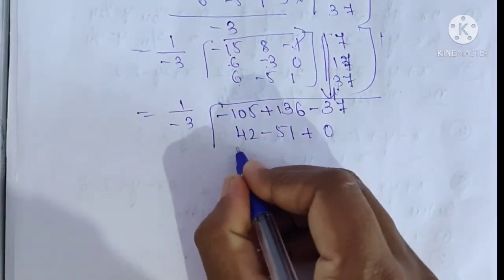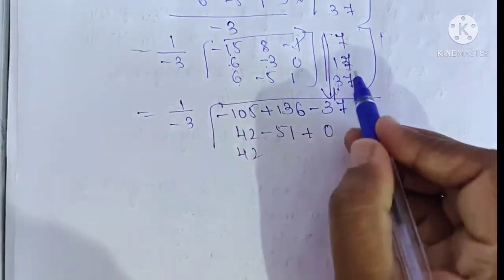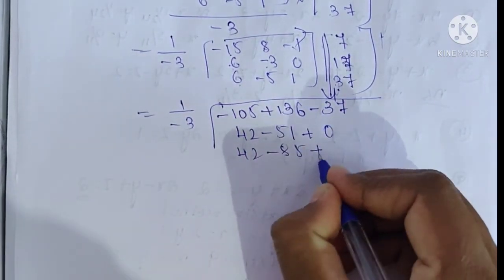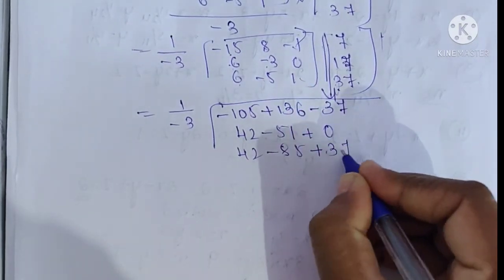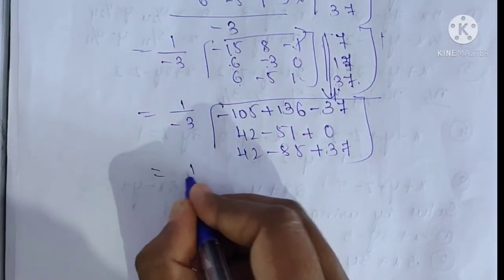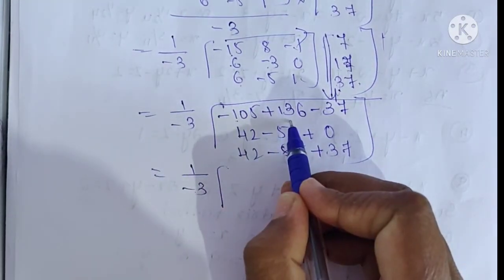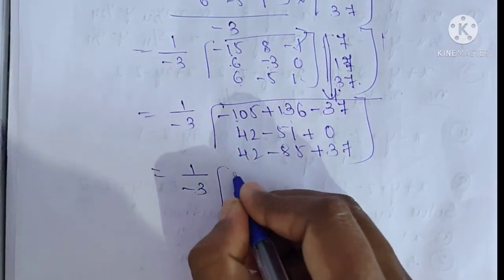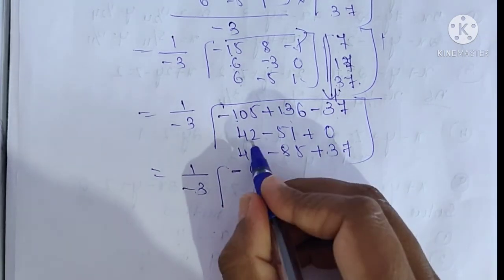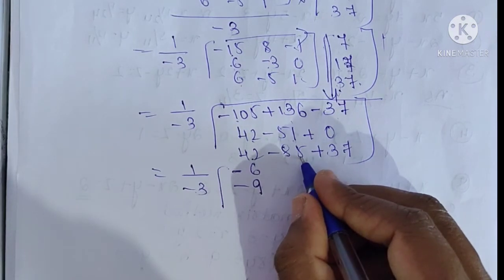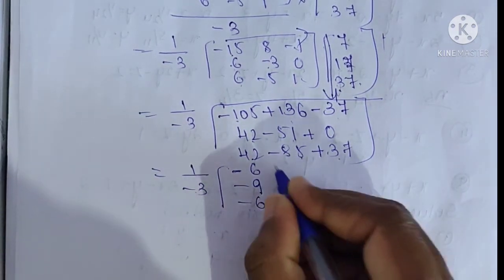Third row: 6 into 7 is 42, minus 5 into 17 is minus 85, plus 1 into 37 is 37. Now 1 by minus 3 as it is. Minus 105 plus 136 minus 37 is minus 6. 42 minus 51 is minus 9. 42 minus 85 plus 37 is minus 6.